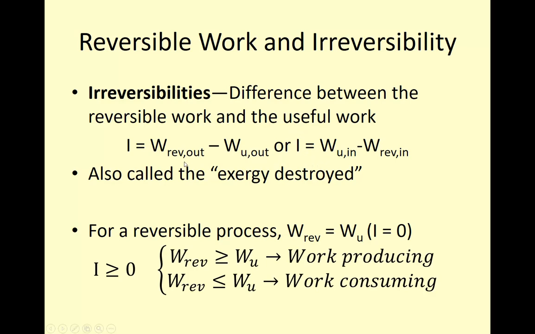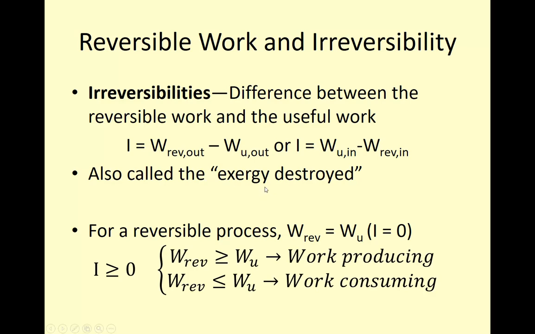So if we have a net work output, we need to subtract off the useful work to determine the irreversibilities. But if our system is consuming work, then we use the useful work minus the reversible work, because irreversibility is always a positive quantity. And another term for this is the exergy destroyed.